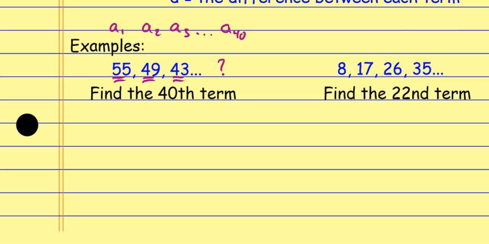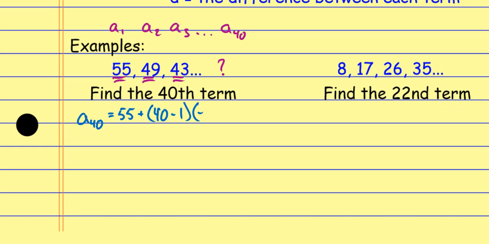And so if I plug this into the formula, I would say, okay, a sub 40 is now the thing that I'm looking for. I want the 40th term equals a sub 1, which is the 55, plus n minus 1. Well, n is the number of the term. I'm looking for the 40th term, so I use a 40 for the n value. And then times d. Well, d, I have to look at the pattern.